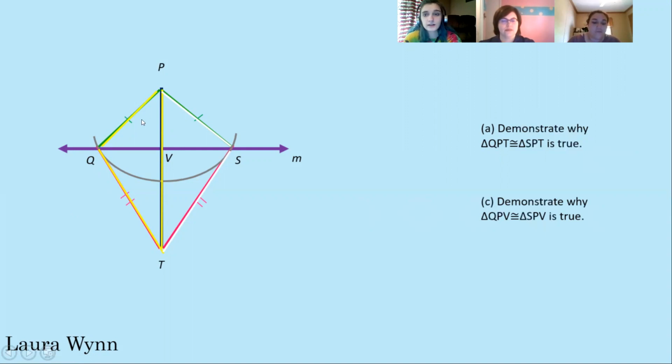So this line. What are those little lines on the bigger line? What do those mean? I'm going to go ahead and call them little tick marks. This little tick mark and this little tick mark mean that these lines are congruent. They're the same, so we know that they're the same length.